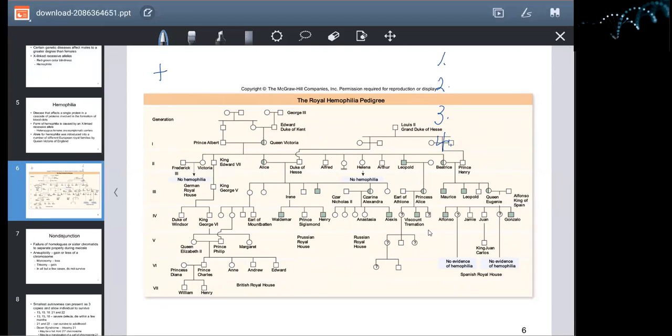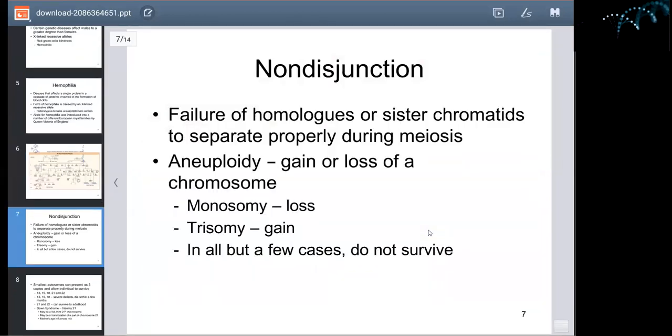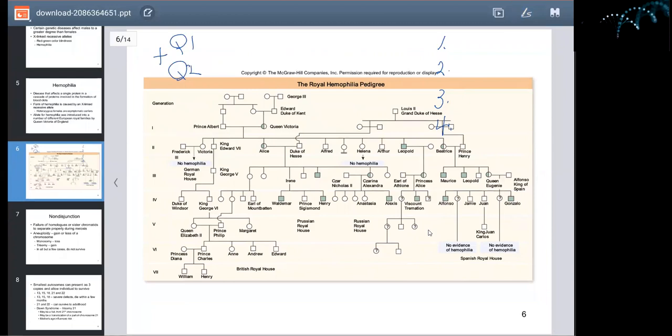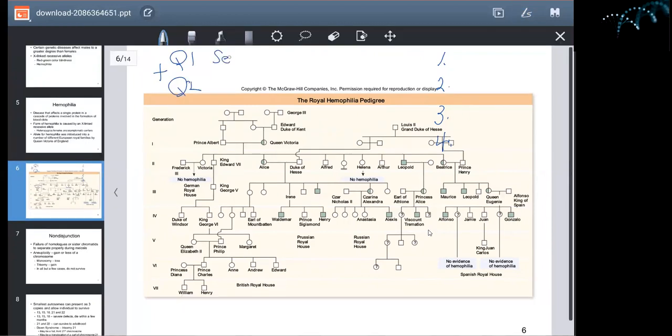Now, to solve many of the genetic problems moving forward, you have to ask 2 questions. Okay. First, you're going to ask, is it sex linked or is it autosomal? That's your first question.